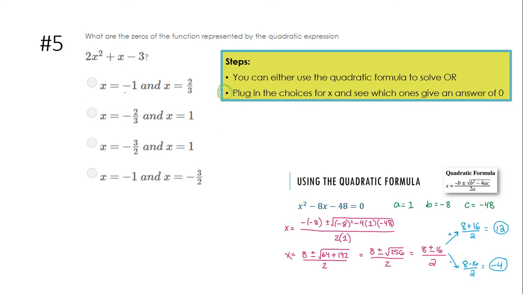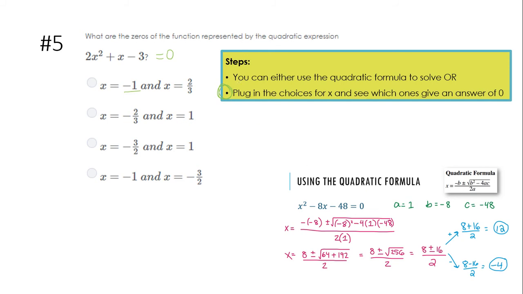You literally take the -1, plug it in for x. If that gives me 0, then -1 would work. But then I'd have to test, does 2/3 work? So I'd plug in 2/3 for x and see if that whole answer gave me 0. If it did, that would be my solution. If it didn't, you'd check the next one. So you could check -2/3 and x equals 1.